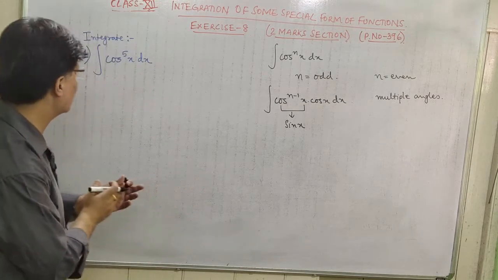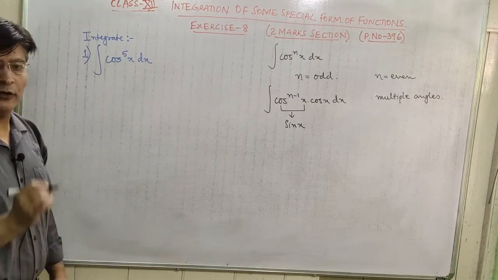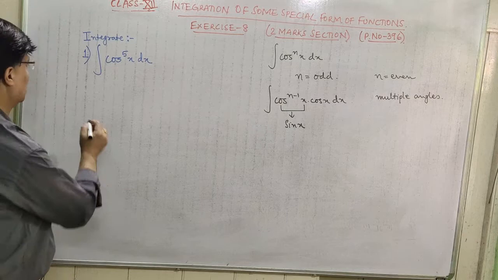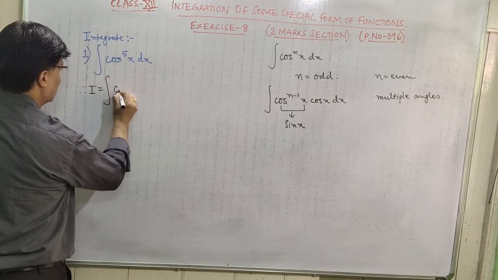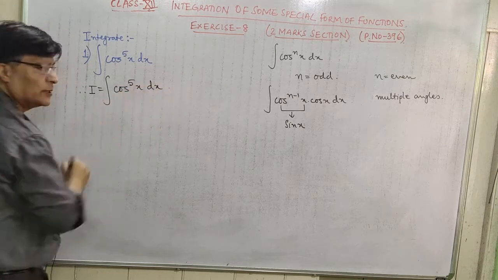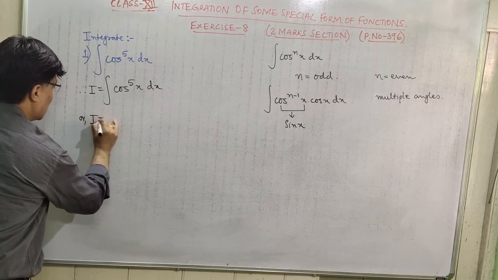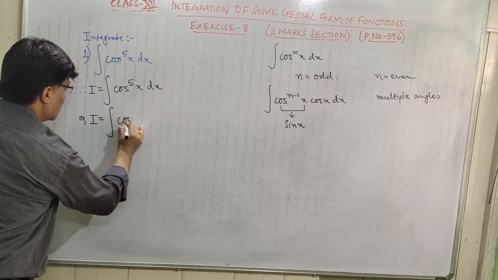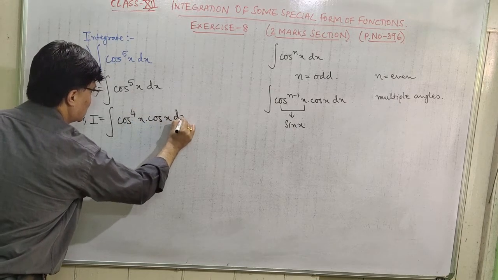So now let's do this question number 1. So this is integration of cos to the power 5x dx. So let us write first I is equal to integration of cos to the power 5x dx. So you can separate the term as integration of cos to the power 4x into cos x dx.